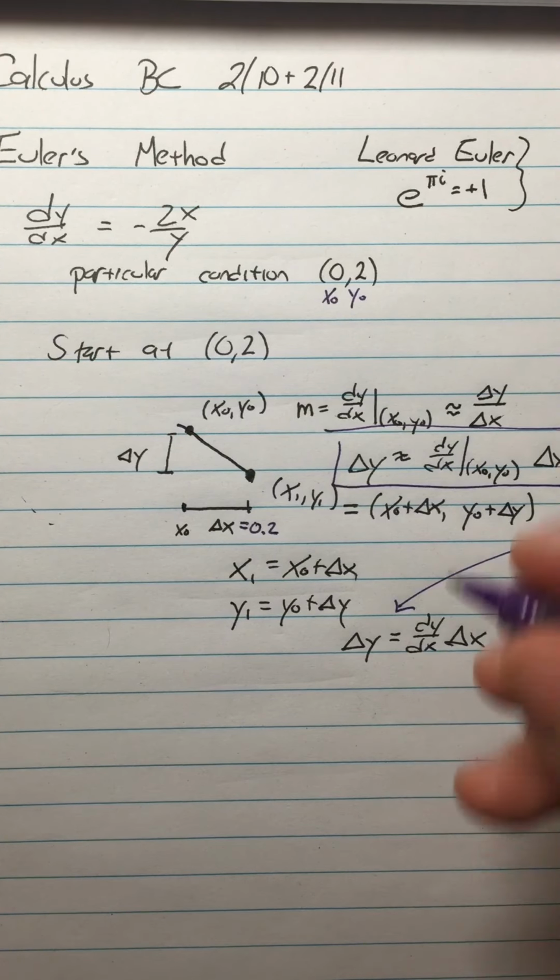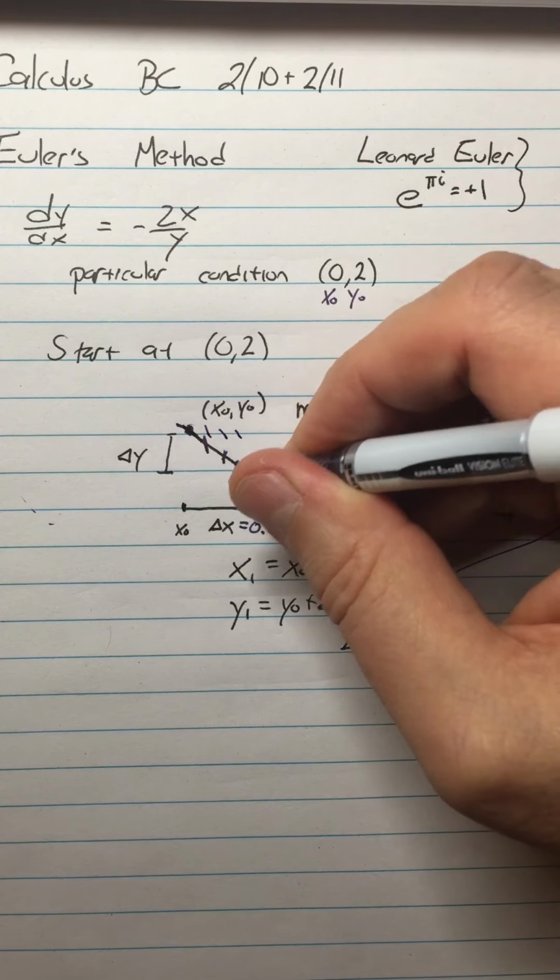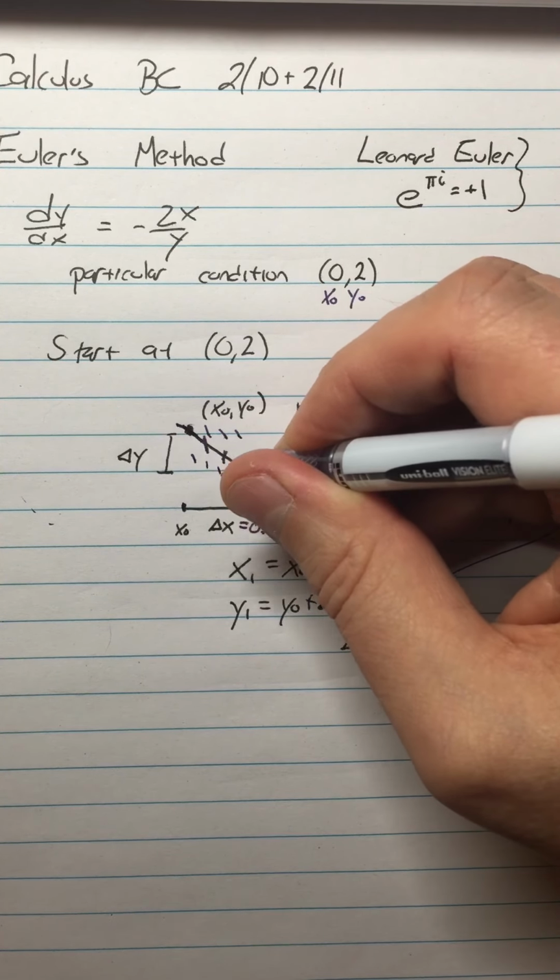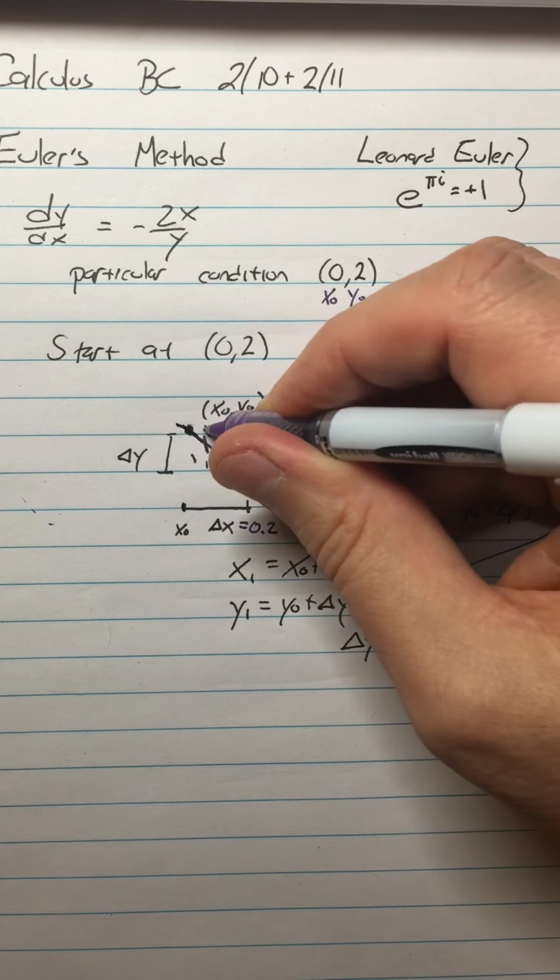Between this point and this point, that slope could have been changing as it went along, because I could have a whole slope field in here of different things. If I zoom in really tight, hopefully the slope field doesn't change much, but it could change in there. It doesn't have to stay at whatever value is here, so by the time we get down here, our slopes may have changed a lot.